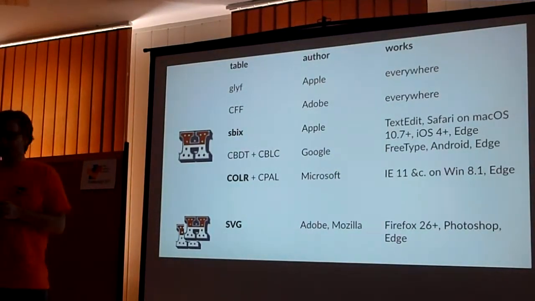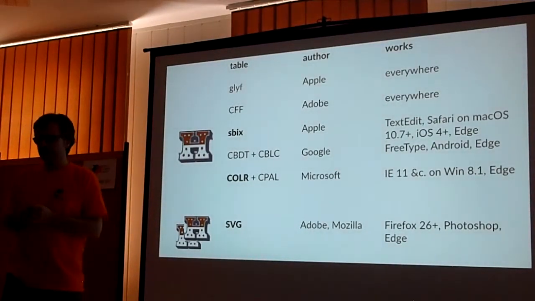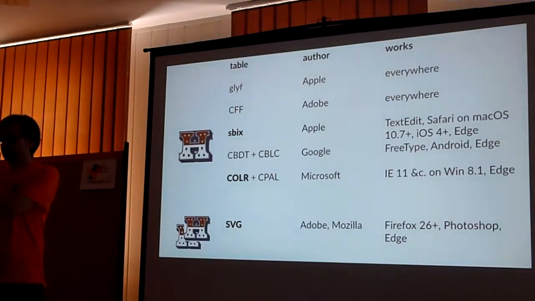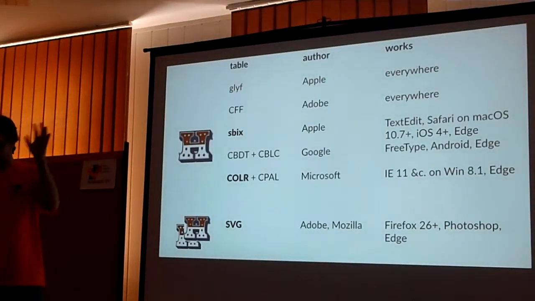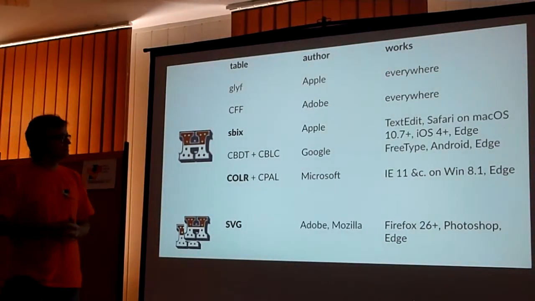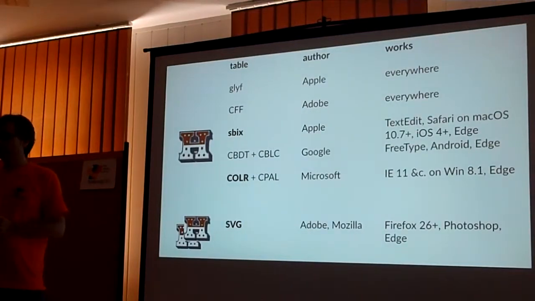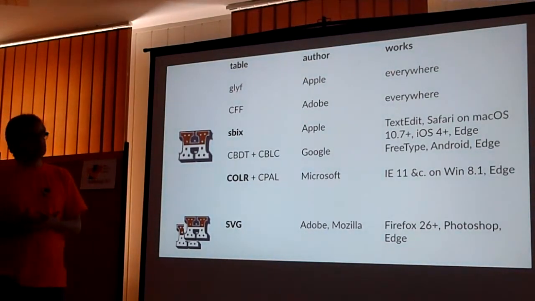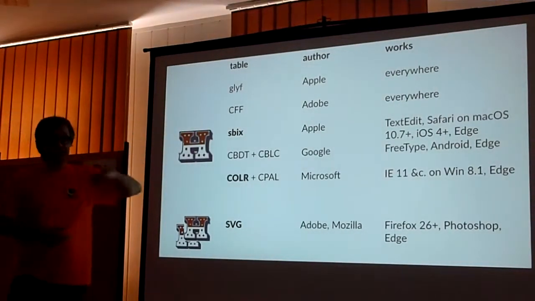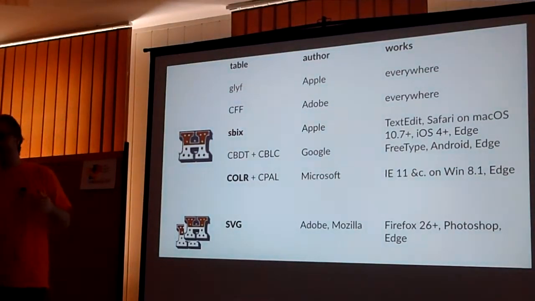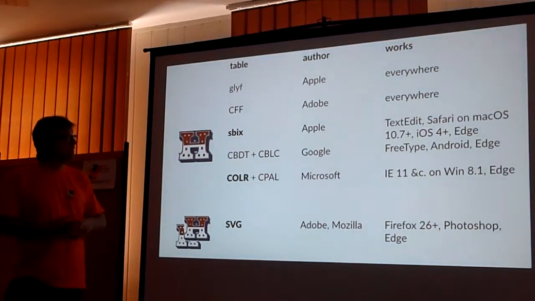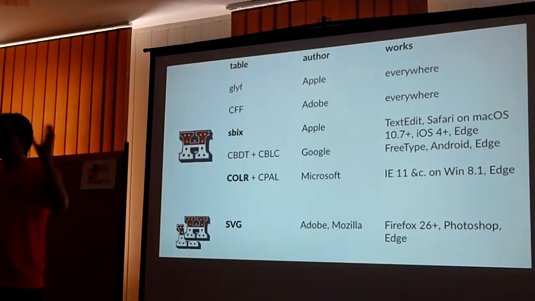CFF is a bit nasty and weird, like compressed PostScript in a structure that is not like PostScript at all. So it's a bit awkward. But it's been there since 99 or 2000. So glyf and CFF, or as people sometimes say, TrueType flavored OpenType and PostScript flavored OpenType, have been the two ways to store monochrome outlines.